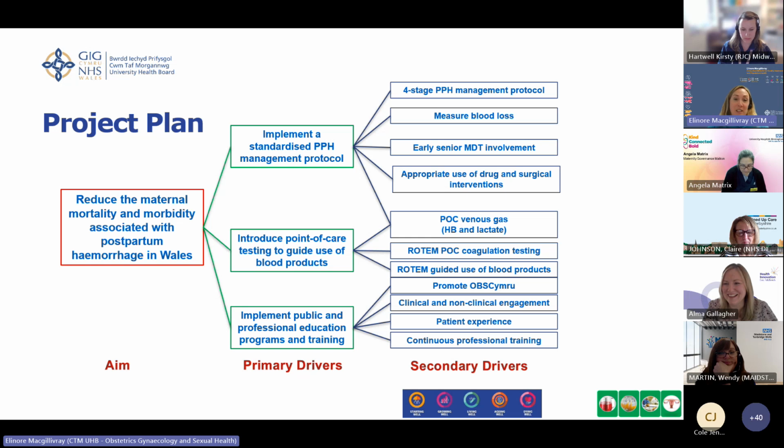This is where we started out. These are the broad things that we wanted to achieve. Obviously it evolved a lot, and again, I look back now and think we could do a lot better with that. But that's the nature of quality improvement projects, isn't it? They can and should and do evolve.